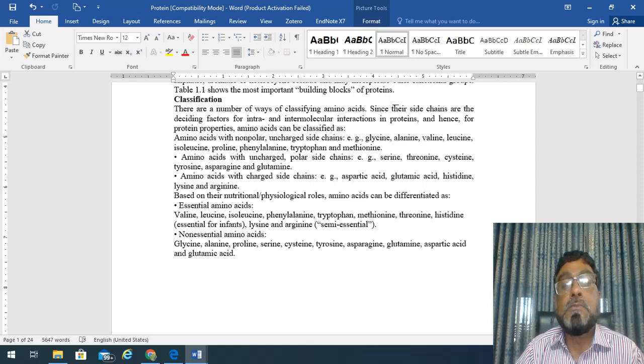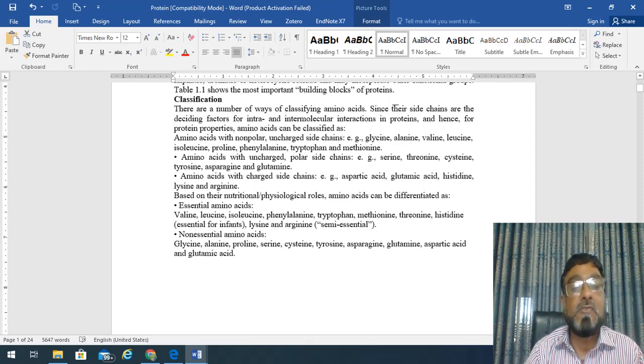When we talk about food chemistry, there is a different classification, based on polarity and side chains, either charged or uncharged side chains. And on the nutritional basis, there are essential amino acids and non-essential amino acids. We will be looking at both of these classifications.